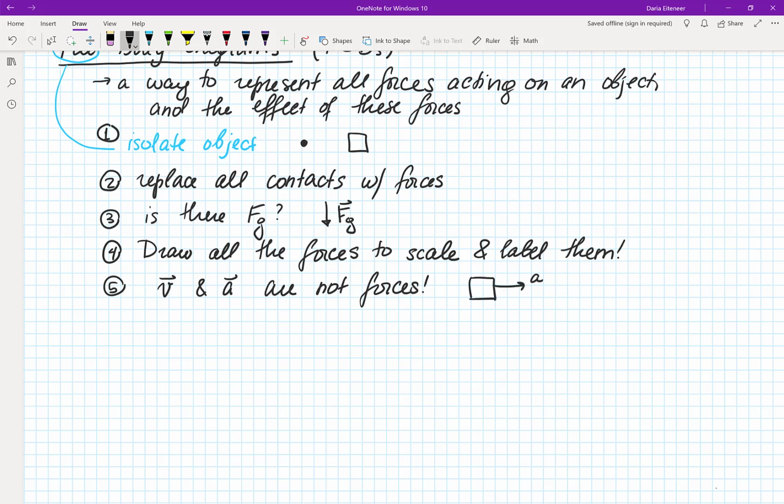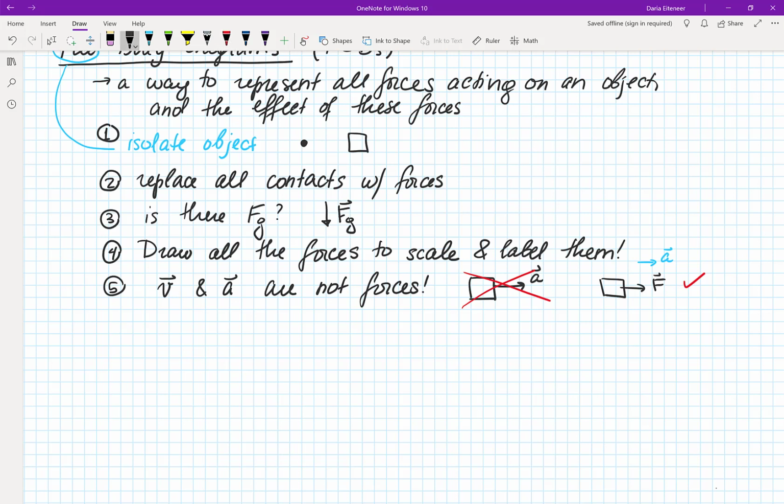For example, if I'm trying to create a free body diagram, this right here is wrong. Acceleration is not part of the diagram. So you can make a force like this as part of the diagram, and then somewhere off to the side you can draw the acceleration vector. That's perfectly acceptable. But you cannot put acceleration and velocity as part of your diagram.